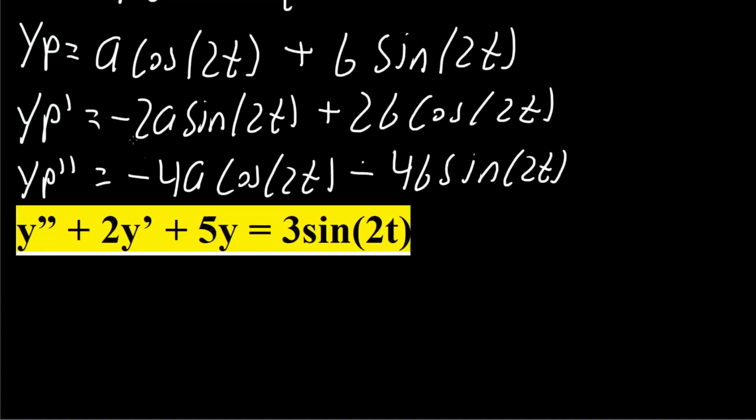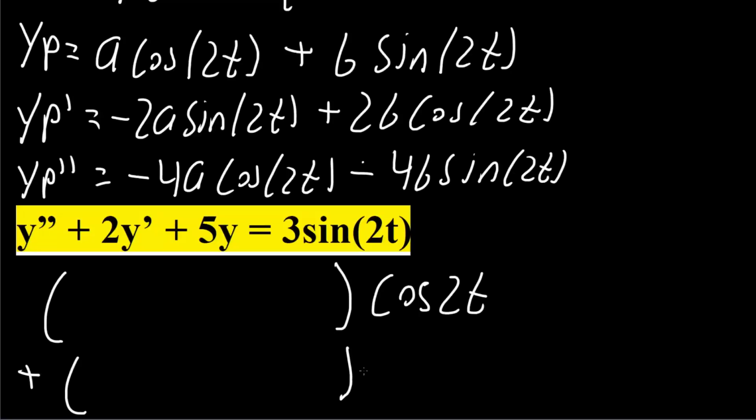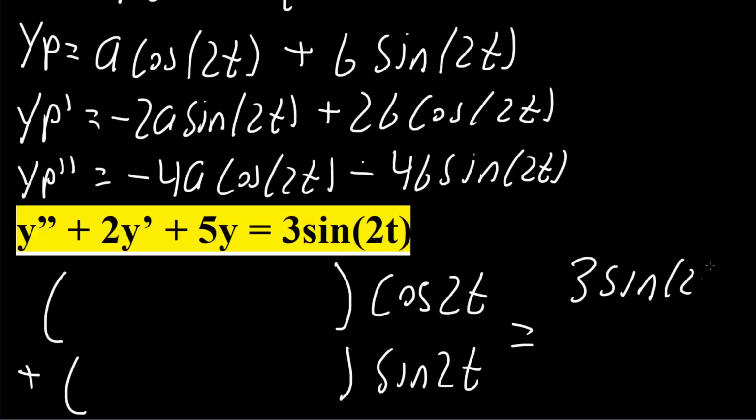To make our lives easier, we can notice that each term has cosine 2t or sine 2t. So we can say that we have a cosine 2t plus sine 2t, and this is going to equal 3 sine 2t, plus we have 0 cosine 2t.